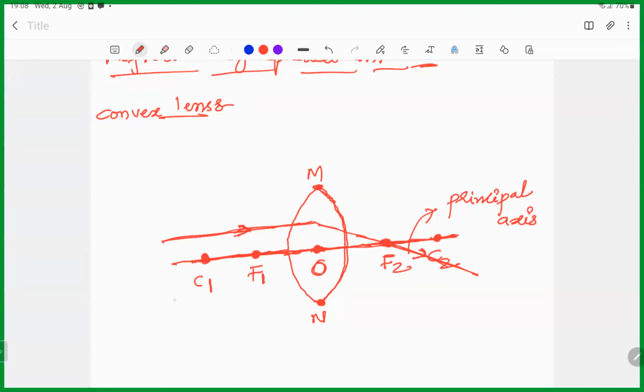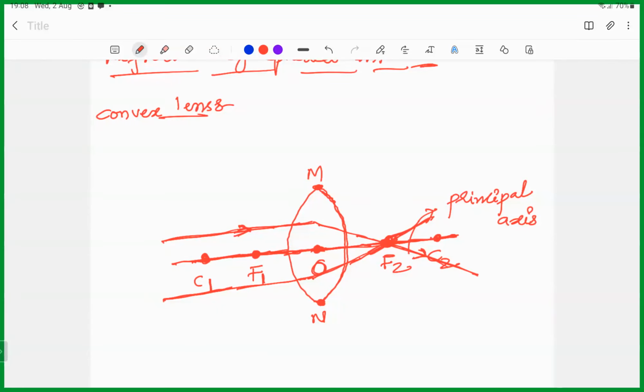If another parallel ray comes, it will also pass through the focal point. So all the parallel rays will pass through the focal point. What does parallel rays mean? It means the object is at infinity.